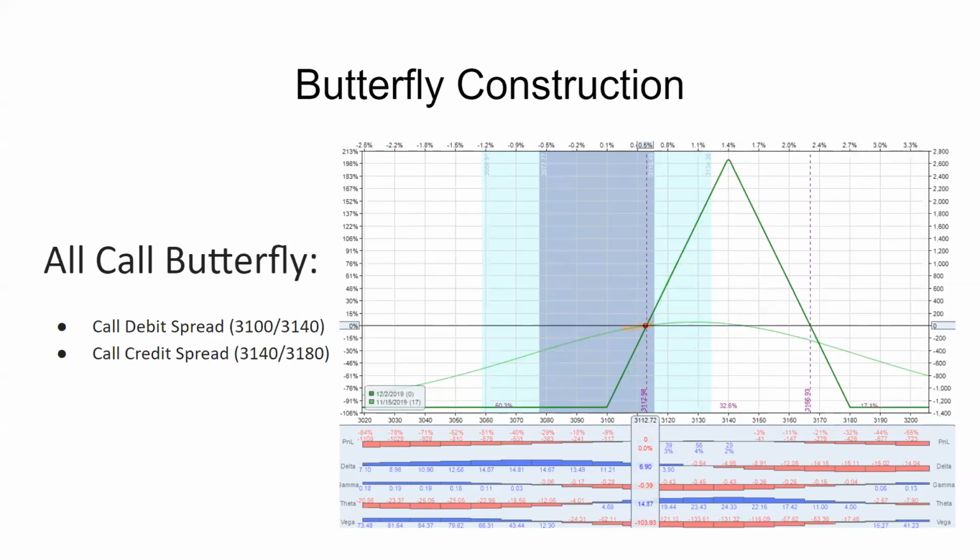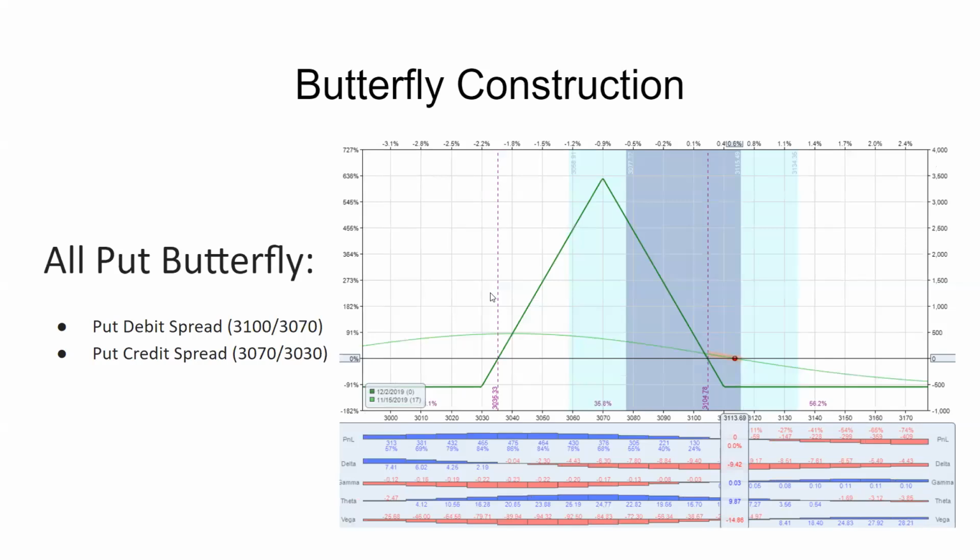Now we can say the same thing about using an all put butterfly. So let's say we were bearish on the price of SPX in the near term, and we wanted to put on a directional butterfly.